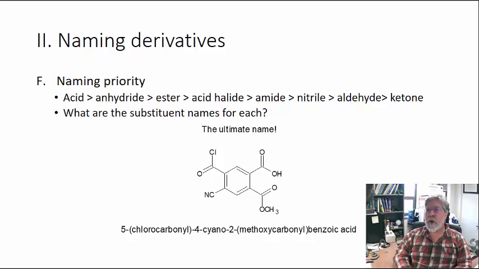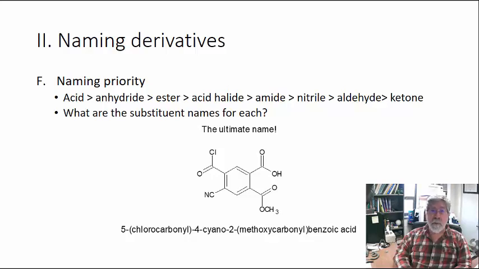Now that actually only took care of the ester, halide, and nitrile. The amide is not included in this particular name, neither is the anhydride, nor are aldehydes or ketones. They are in the textbook, I believe, though, so I refer you there.